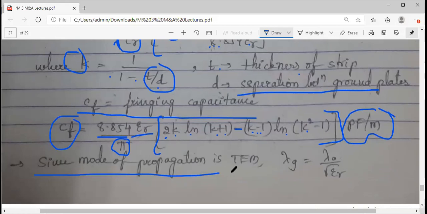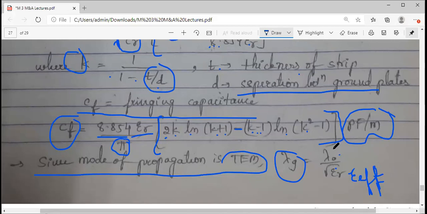And since the mode of propagation is TEM wave, under the waveguide, what guide wavelength do we take? Lambda g, which is equal to lambda naught by root epsilon r. Try to remember, when we solved a few of the problems earlier in the case of microstrip, we had taken this as epsilon effective. Okay, I think I had given one problem as homework to you all. Only three parameters were calculated, and the remaining two to three parameters were given as work to you.